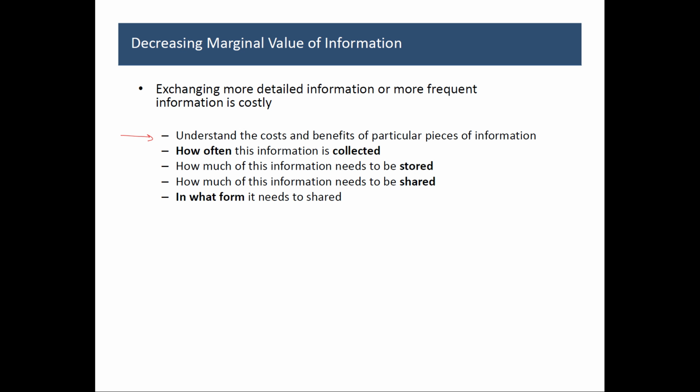We need to decide if we want to set up such a collaborative system, also on the frequency of collecting this information, how much of this information or the related data needs to be stored, and how much of it needs to be shared throughout the supply chain, and specifically also in which form or format it needs to be shared.